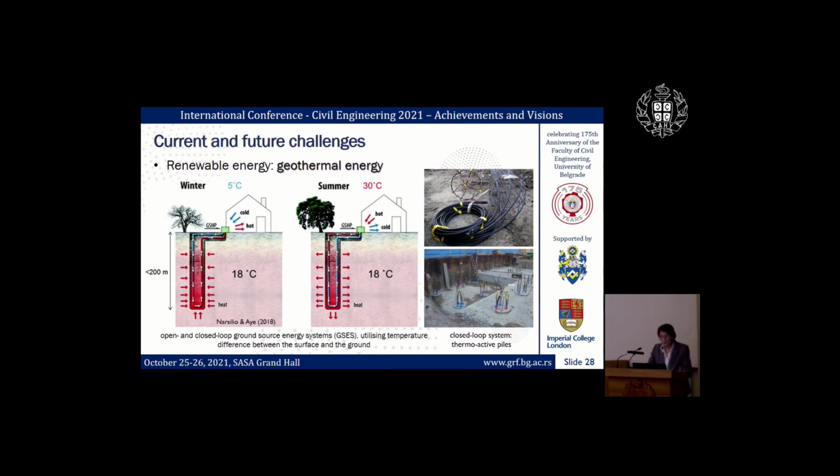And the beauty of this is that there are two systems for this to be installed, open and closed loop systems. The closed loop systems can actually be installed in structural elements like piles that support the building stability, or retaining walls or tunnel linings, and have a dual purpose.